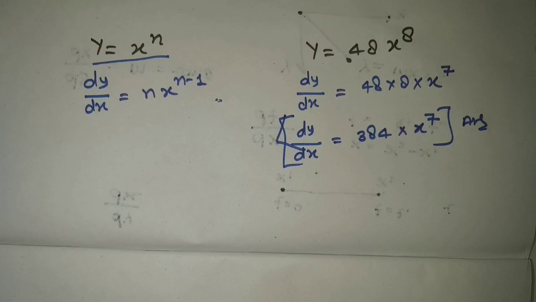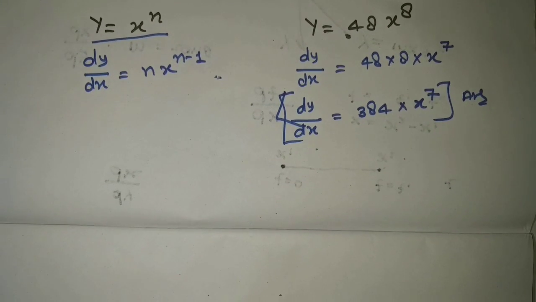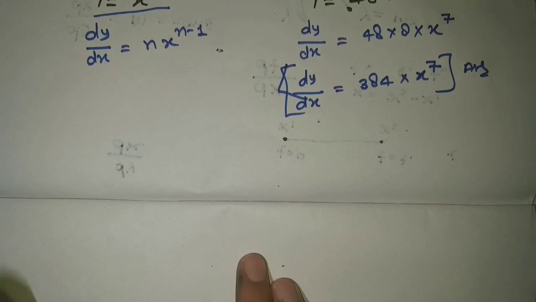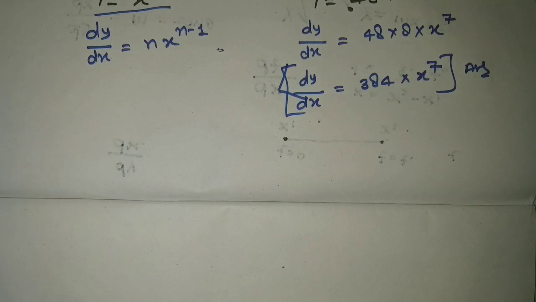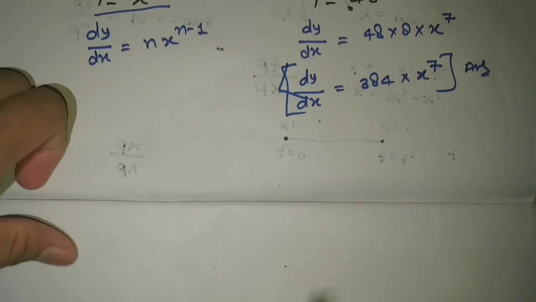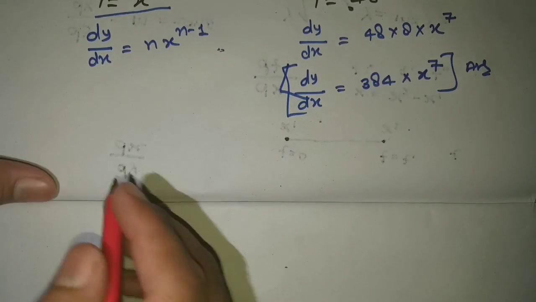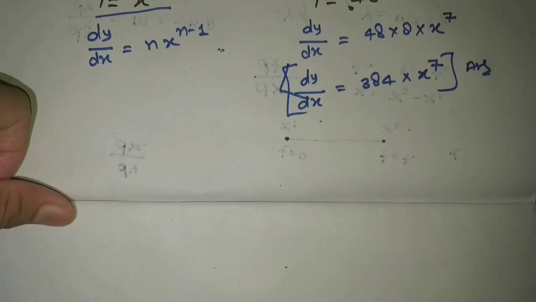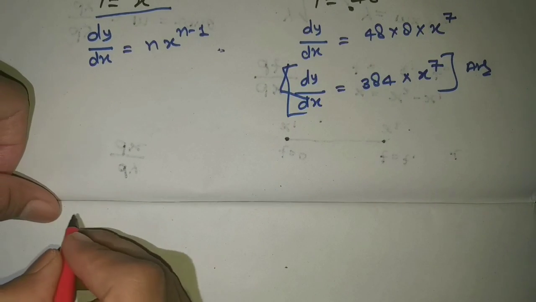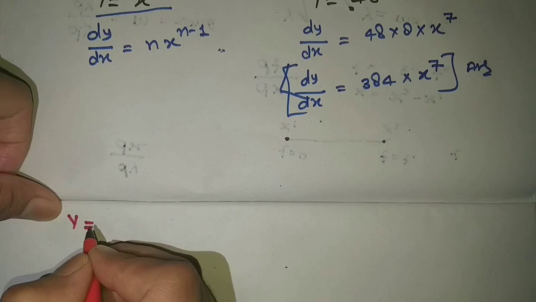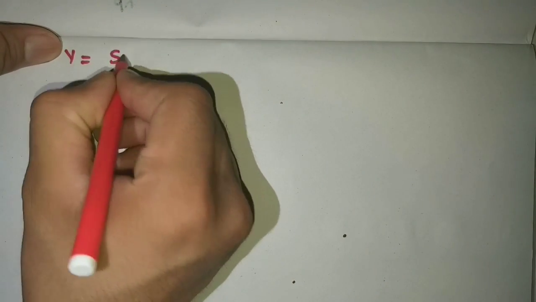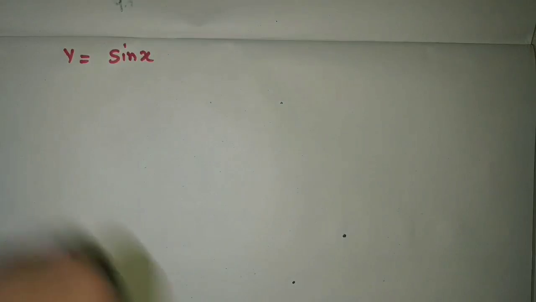Moving to the next kind of equations. Now if I have a trigonometric function, like what are the trigonometric functions? Sine, cos, tan, etc. So now if I say I have an equation y is equal to sine x, what does the differentiation of sine x tell us?